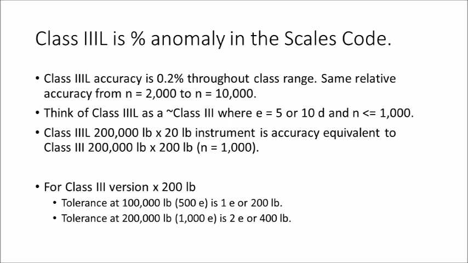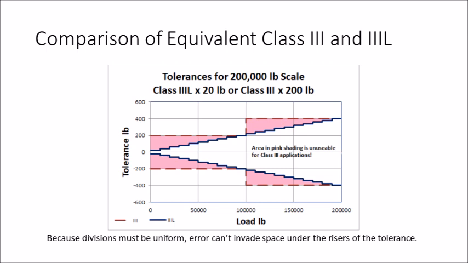So we see that the class 3 tolerances up to 100,000 pounds, 500E is 1E or 200 pounds, from 100,000 to 200,000, 2E, 400 pounds. Better way to look at this, though, is a little graph. The blue line represents class 3L and all the steps of class 3L.